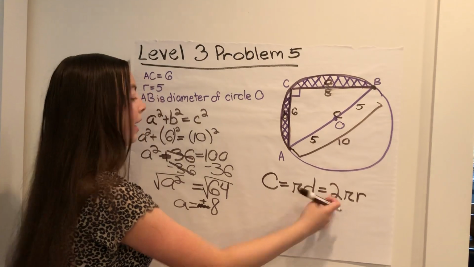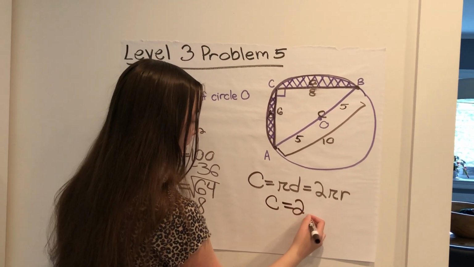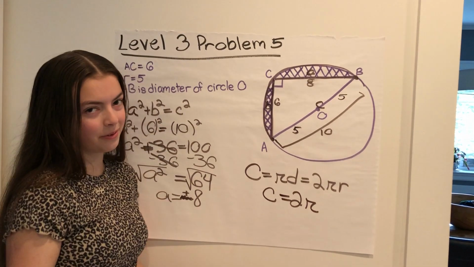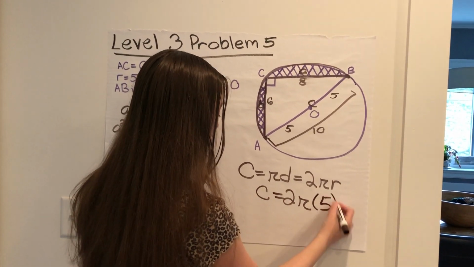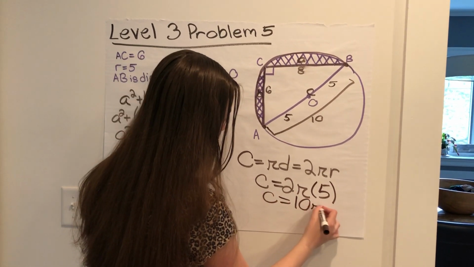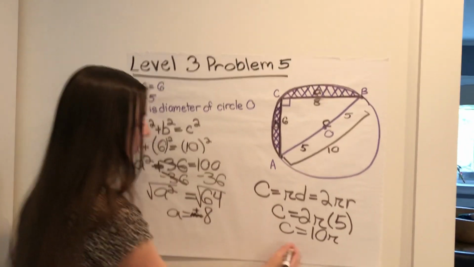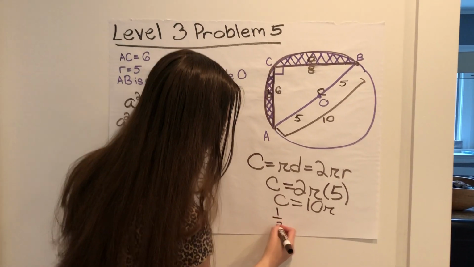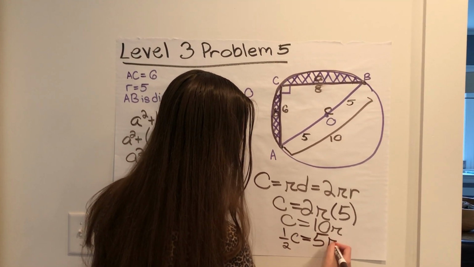I'm going to use 2 pi r. Circumference equals 2 pi, also known as 3.1415, and so on. And then plug in r equals 5. The total circumference around the circle is 10 pi, but since I only want half, I can divide that by 2. 1/2 of the circumference is equal to 5 pi.